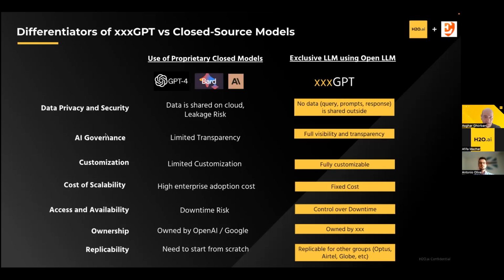AI governance is another aspect, because we don't fully know how these models have been generated, what data sets were used, and what the legal implications are. But the advantage of open source models is that we have full control. First of all, we know what data is being used and how these models have been trained, so we have much better visibility.